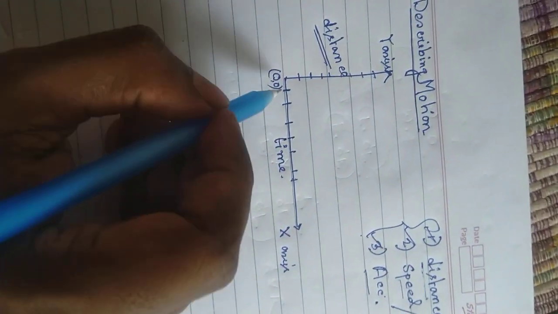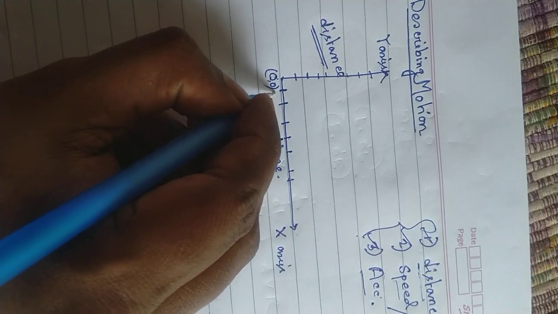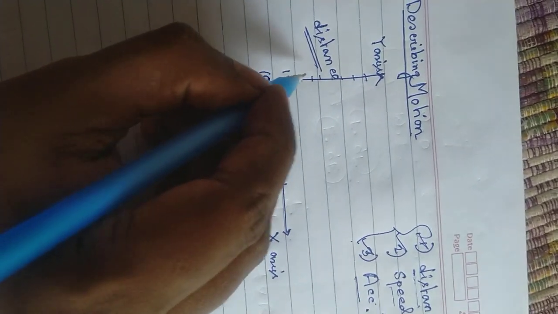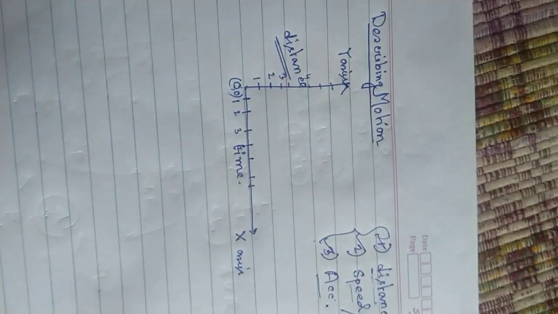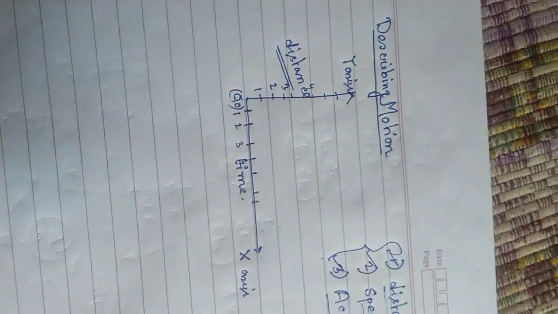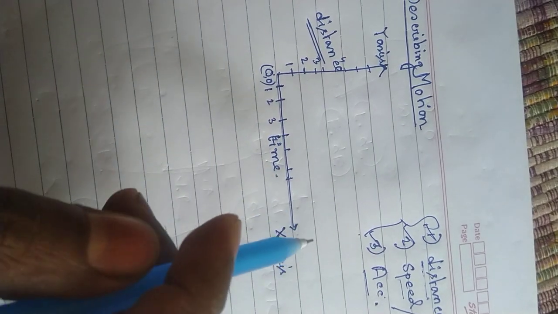Along the x-axis this point is 0, along the y-axis this point is 0. Now take one step, 1, 2, 3, 4, and along this 1, 2, 3, 4. As you require, you can draw consecutive terms. But mind it, these two axes have equispaced points.